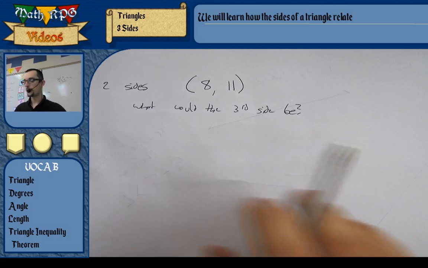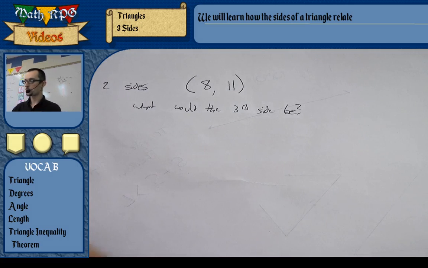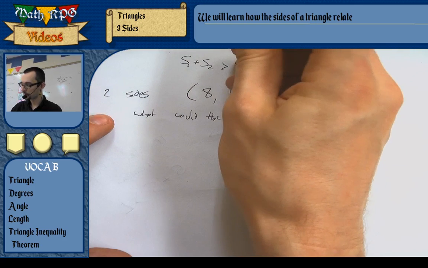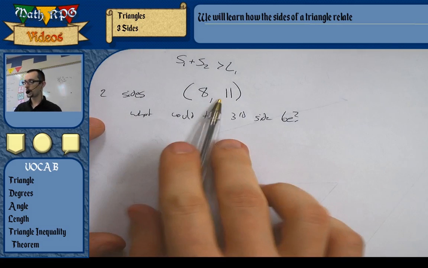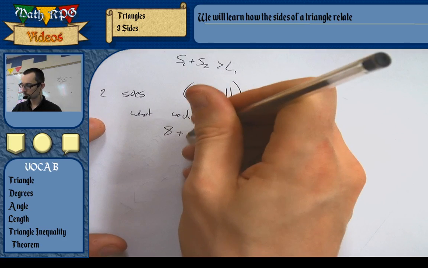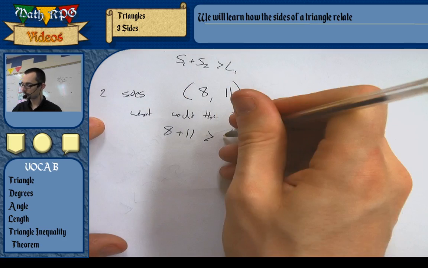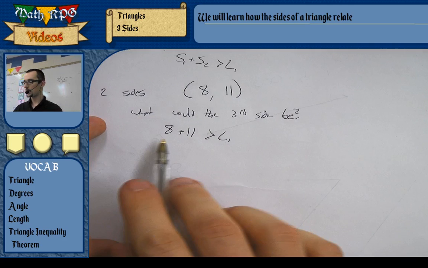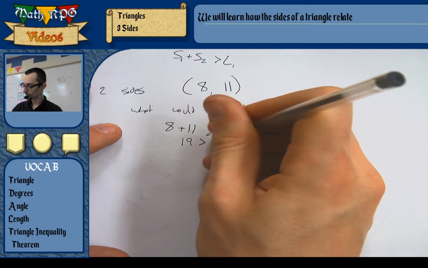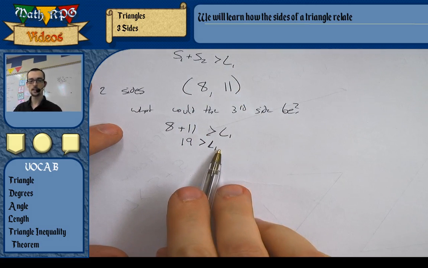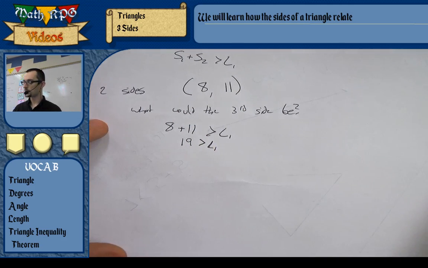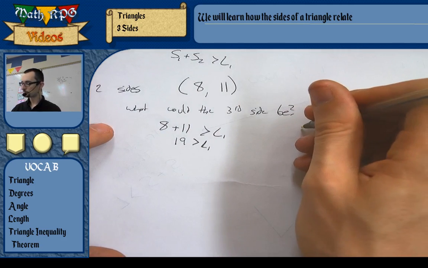How big would that third side be? Remember, with the triangle inequality theorem, I add the two short sides together, and that has to be bigger than the long side. So if these are my short sides, let's write that out. Short side plus short side has to be bigger than long side. 8 plus 11 is 19. So whatever my long side is, it has to be less than 19.